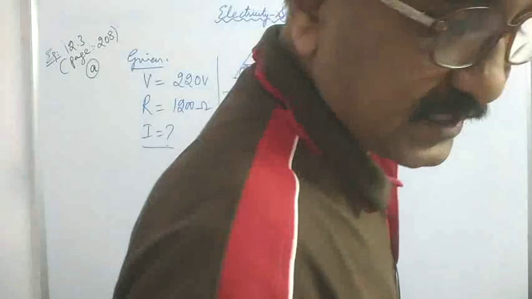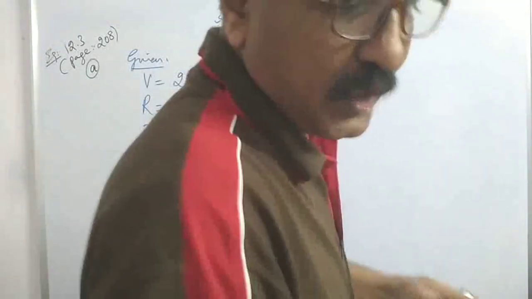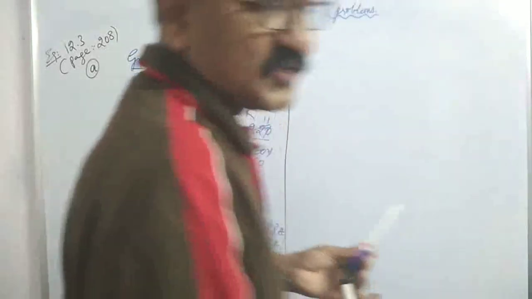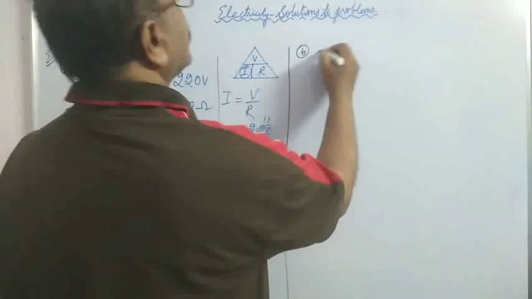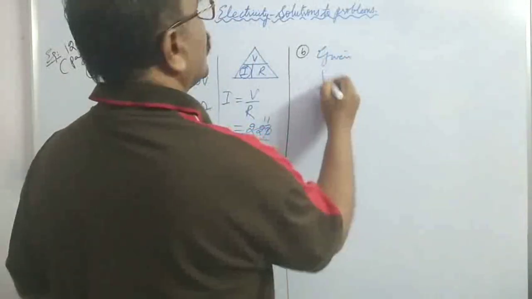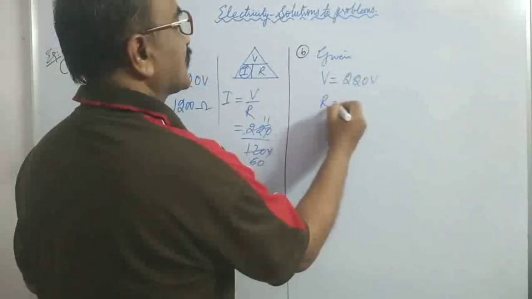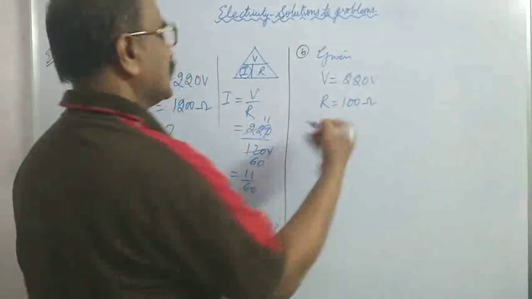Now we move to the next part. How much current will an electric heater coil draw from a 220 volt source if the resistance of the heater coil is 100 ohm? Given, the voltage source is 220 volt and the resistance of the heating coil is 100 ohm. What do we have to find?